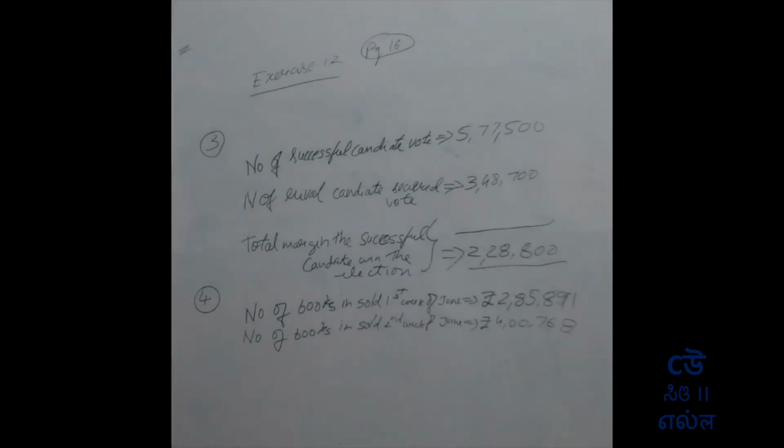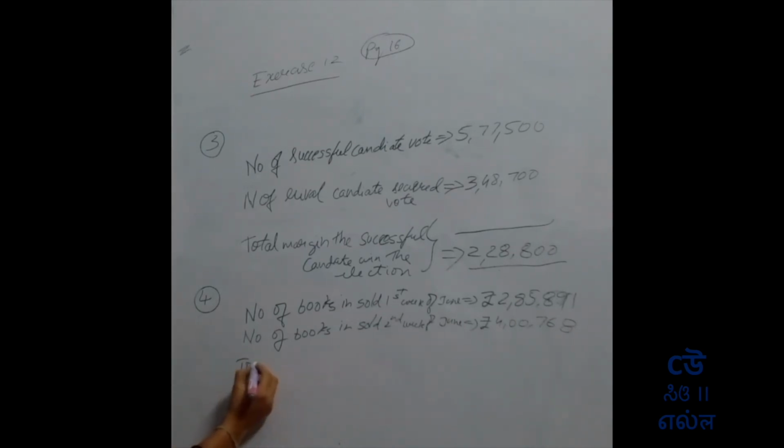So the question they have asked is, how much was the sale for the 2 weeks together? The main clue is what? Together they have asked. So if they ask together, we have to add the numbers.